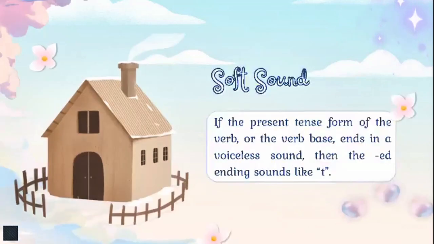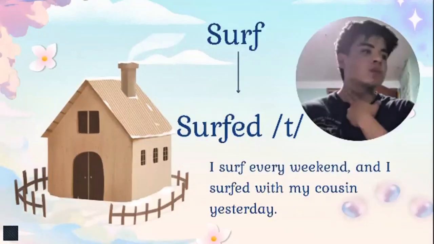The first rule, the soft sound. It says if the present tense form of the verb, or the verb base, ends in a voiceless sound, then the -ed ending sounds like t. Let's take the word surf. Now, touch your throat. Say it again. Surf. When you pronounce a word and at the end your vocal cords don't vibrate, that means it's a voiceless sound.